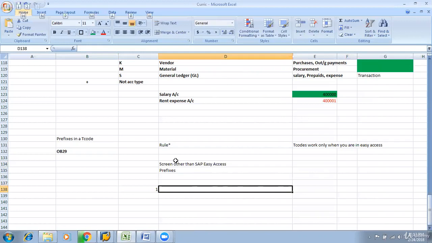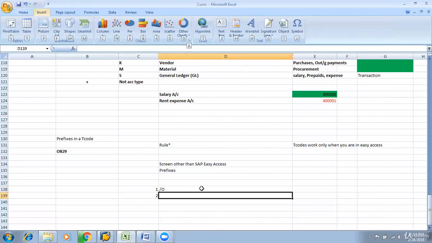One is /o, and the second is /n. There are two prefixes, /o, not 0. It's O. So what do /o and /n do?